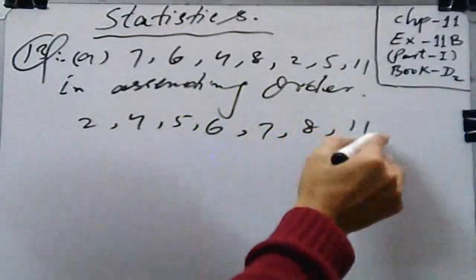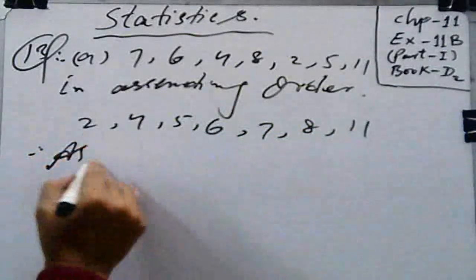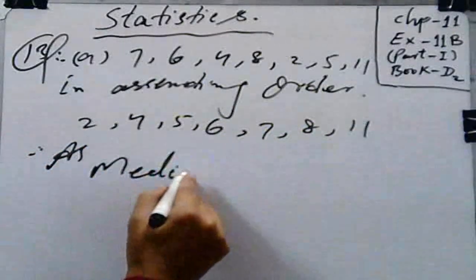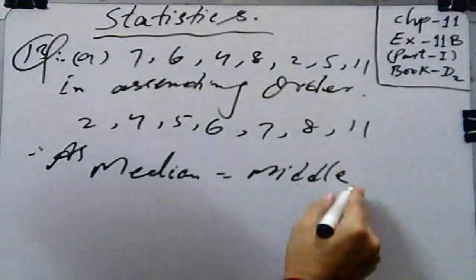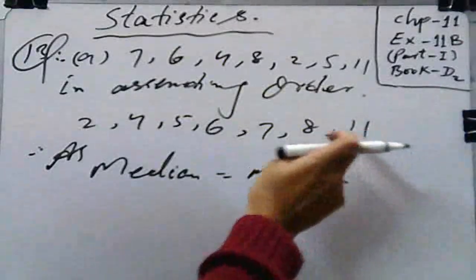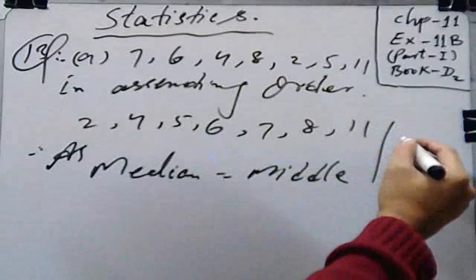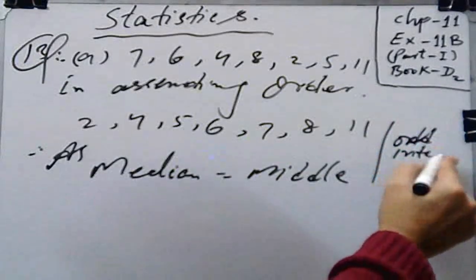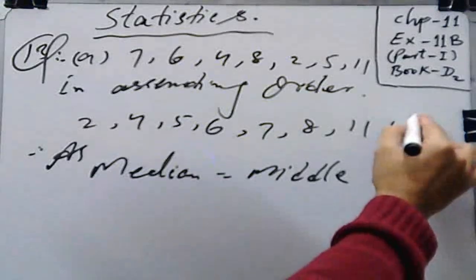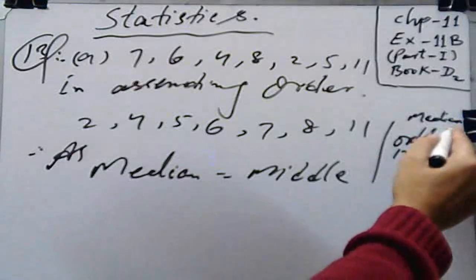So the median is equal to the middle term. We know that. How can we find the median for odd integers? 1, 2, 3, 4, 5, 6, 7. So 7 is an odd integer, and for an odd integer the median will be the middle term.